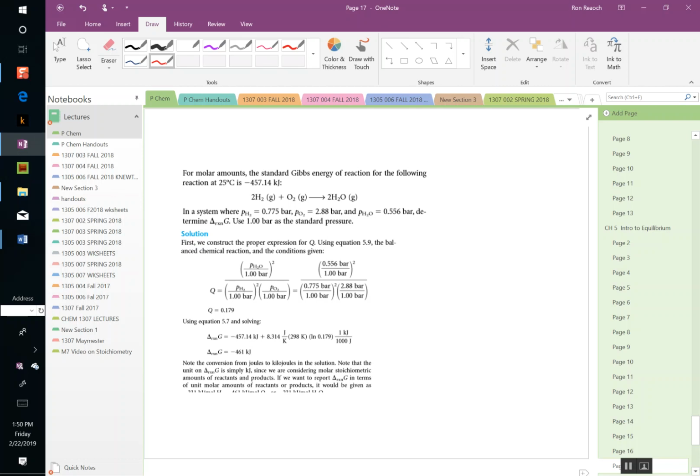All right, so that's your example 5.4. That takes you to page 125. Q is getting close now to K. We just have to make a few more limitations on it, and we'll be starting to talk about an equilibrium constant. We're not quite there yet, but we're close to it.